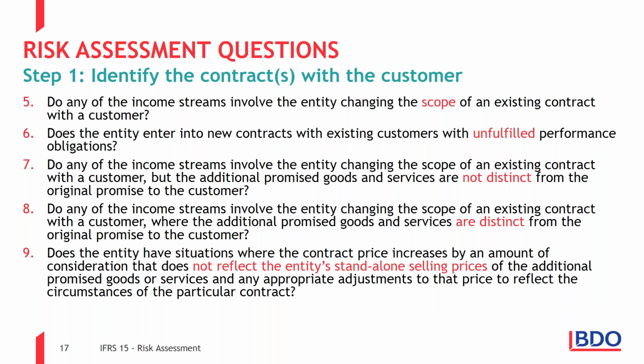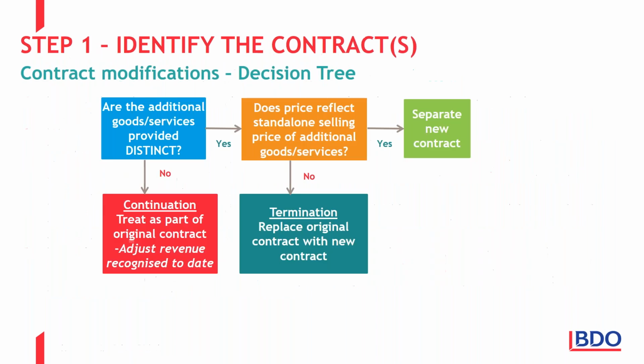Or maybe it is distinct. And then in the last question, we ask around the entity's standalone selling prices. So you can see all of these questions ultimately link back to help us to assess how this decision tree would apply to that particular modification, and therefore which of the 3 accounting treatments would be applicable.